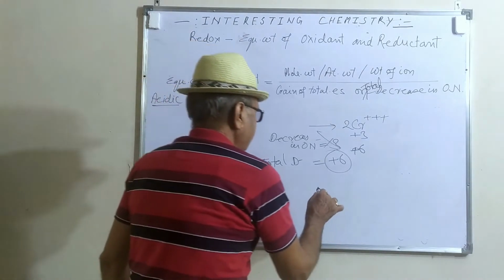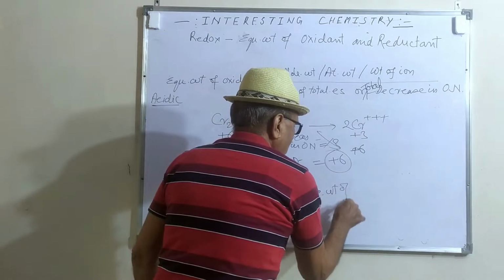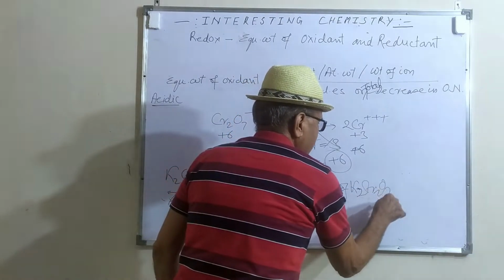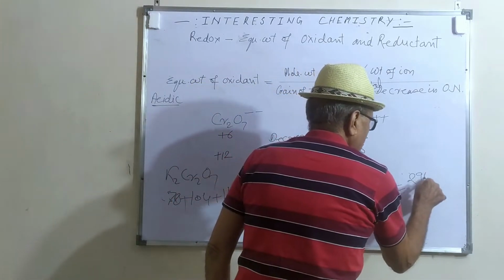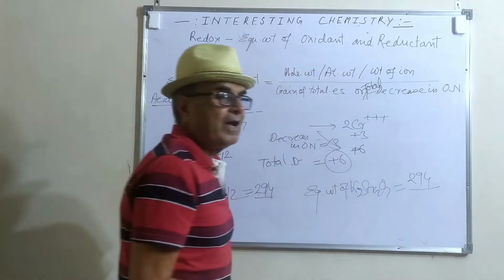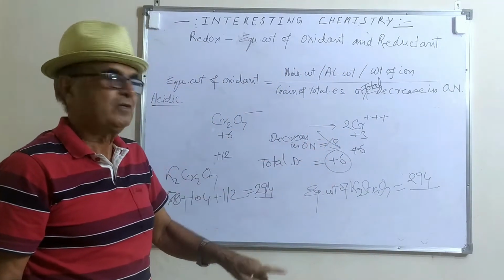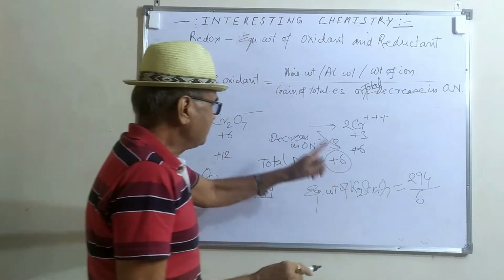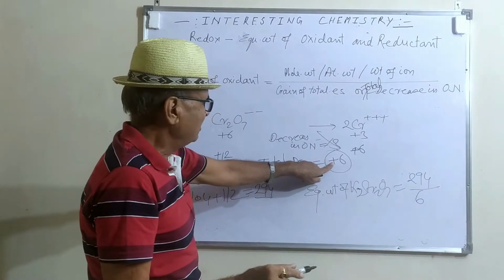So the equivalent weight of K2Cr2O7 is equal to 294 divided by 6, not by 3. Divide by 6, because the total decrease in the oxidation number is 6.